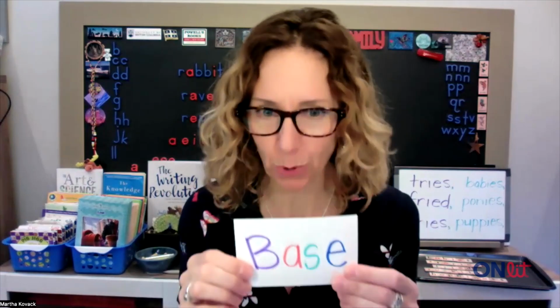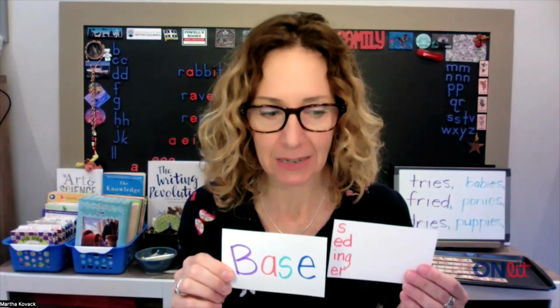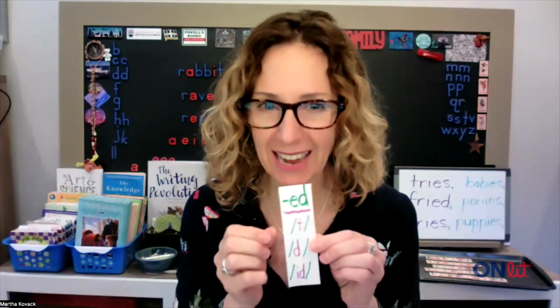It's helpful to know what base words are and that you can attach suffixes to base words. It's helpful to know the three sounds of ED, and that's about it.